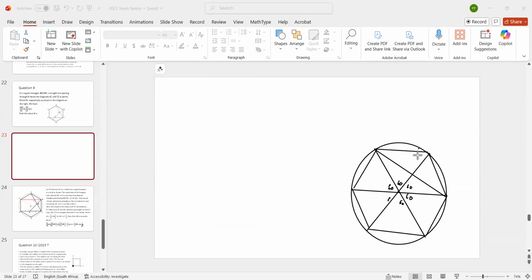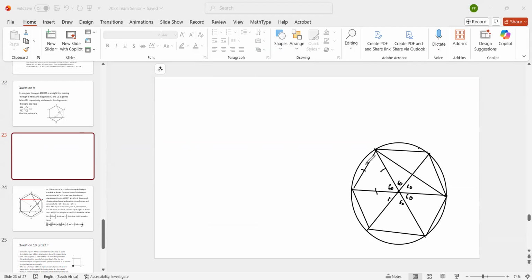And then you've got the third diagonal, which goes from one vertex to the opposite one. The third diagonal, the longest one, is also the diameter of the circle, right? And because this is an equilateral triangle, this is the center of the circle. So these are radii, and you've got 60 degrees here. So it means that these 6 triangles are all equilateral triangles.